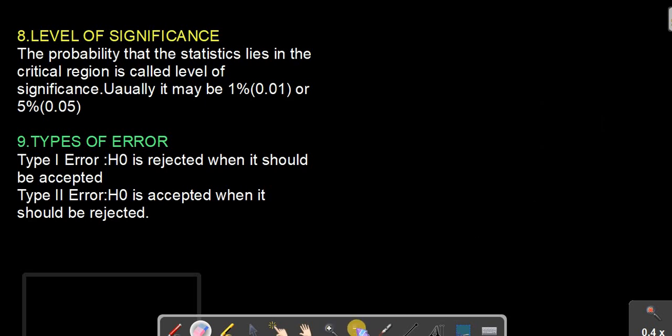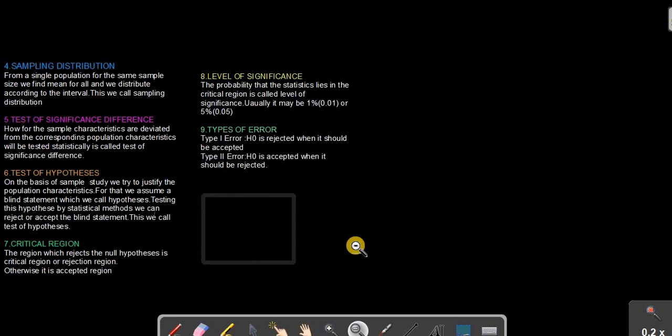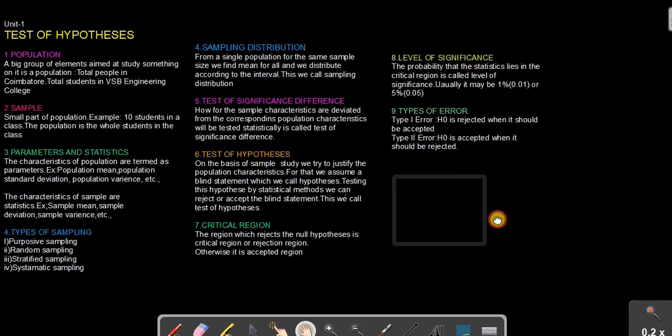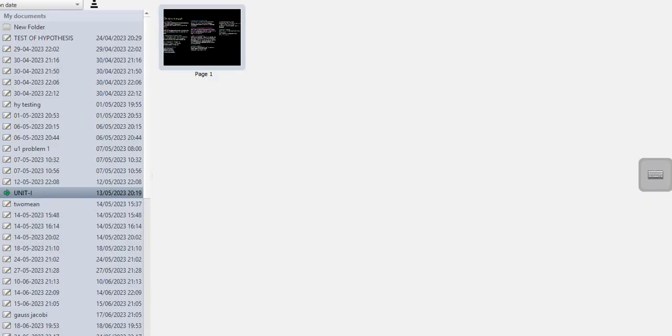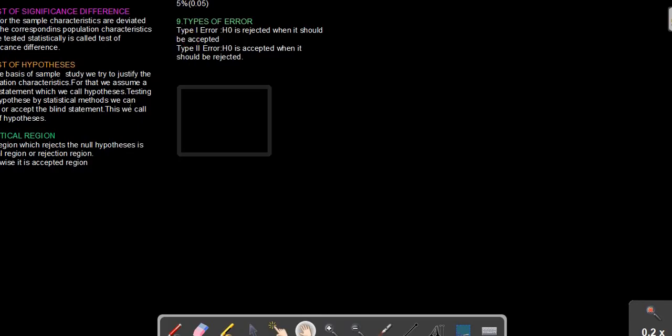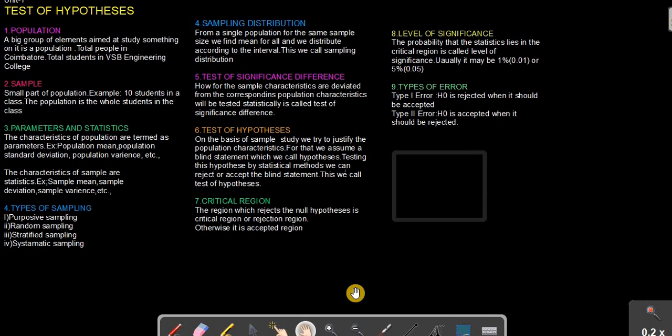So what we have studied so far is all these things. The first one is the test of hypothesis.